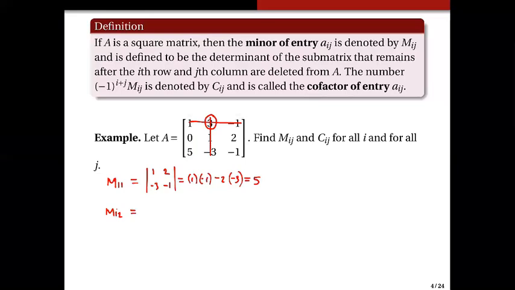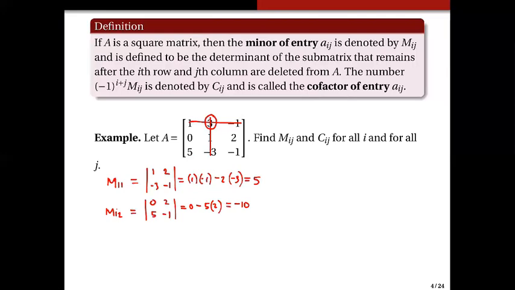And therefore, M12 is the determinant of the matrix 0, 2, 5, and negative 1. So if we calculate, this is just 0 minus 5 times 2. So this is equal to negative 10.